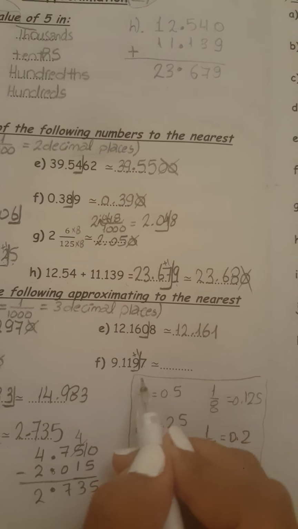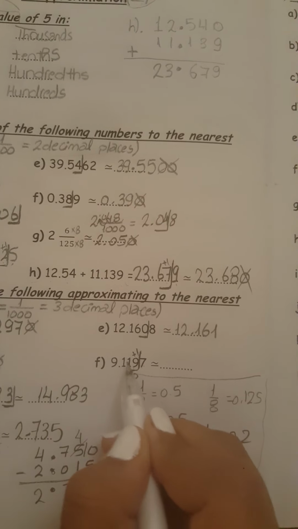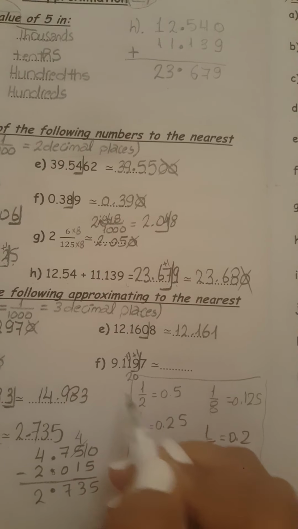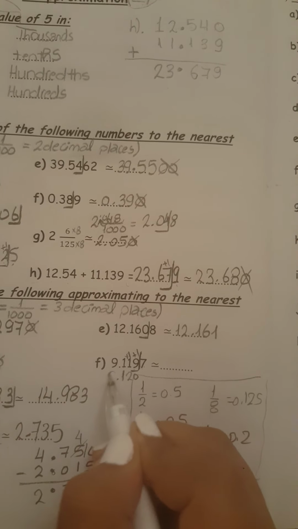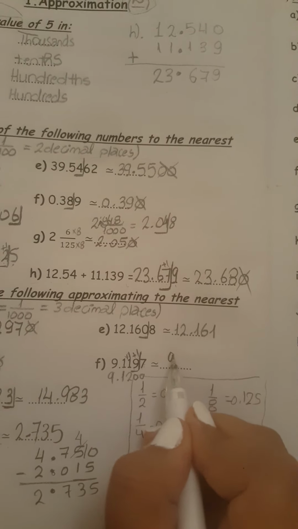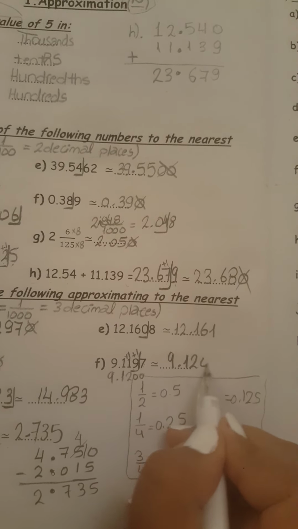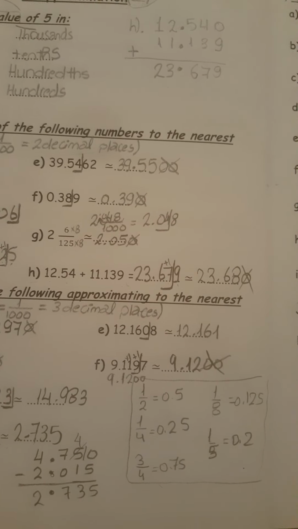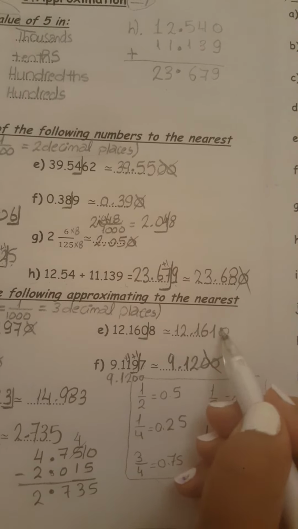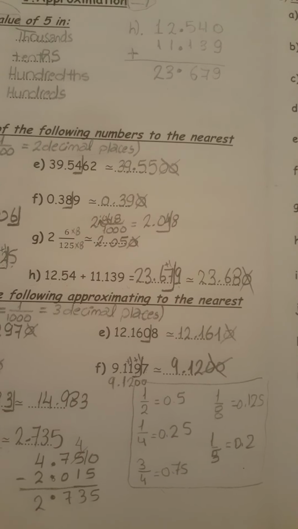When I do 9 plus 1, it will be 10, so it will be 0 and another plus 1. 1 and 1, 2. Here this one is the same, and this is the same, and this 7 will be 0, so it will be 9.12, and the 2 zeros are meaningless. Okay, and here I forgot the 0 for the 8, it's meaningless too. Okay.